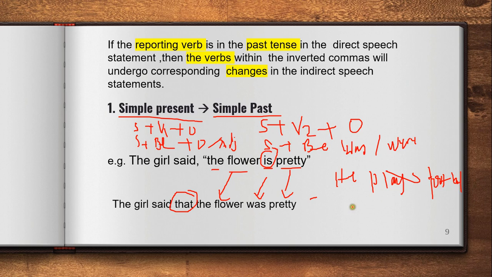So let's take a look at this one: The girl said that he played football. So it changes, right? This is present tense, and this is simple past tense.